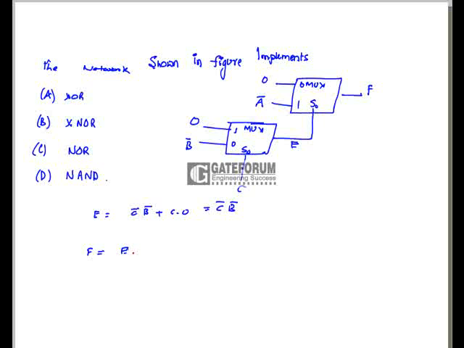Here E A bar plus E bar 0, which is E A bar, which is nothing but F is A bar, B bar, C bar, which is A plus B C whole bar according to De Morgan's law. So this is a NOR gate, that is option C is correct.